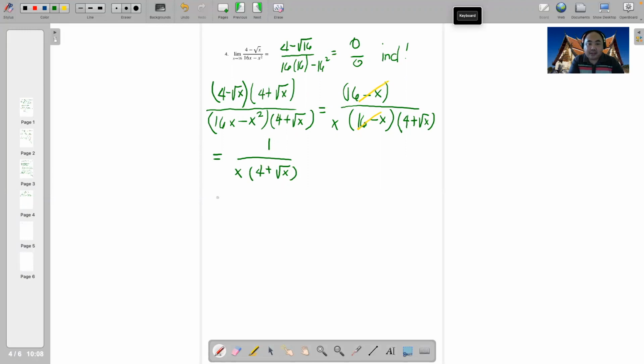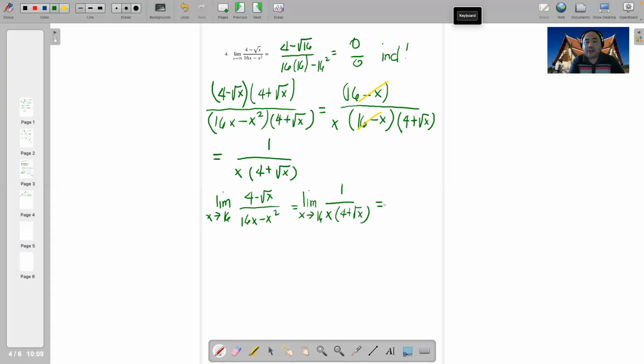This means that the limit of the original function 4 minus square root x all over 16x minus x squared as x approaches 16 is equal to the limit of its equivalent function 1 over x times 4 plus square root x as x approaches 16.